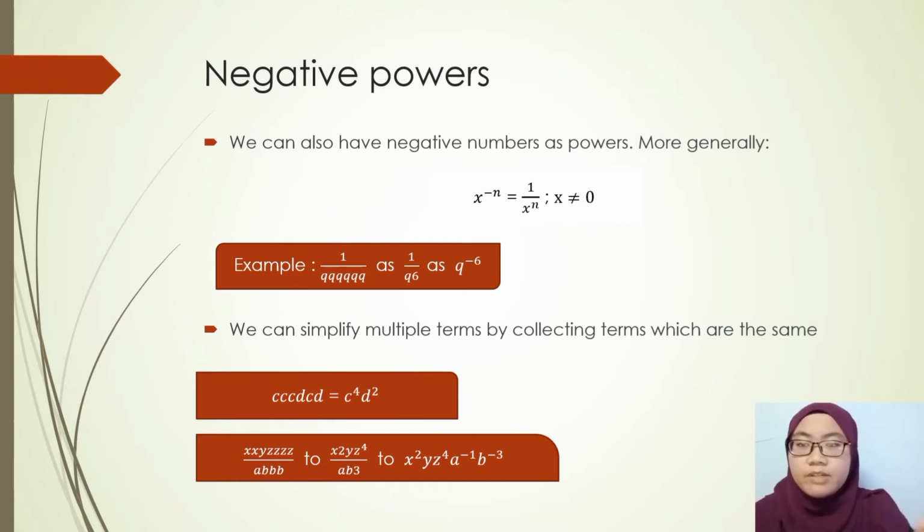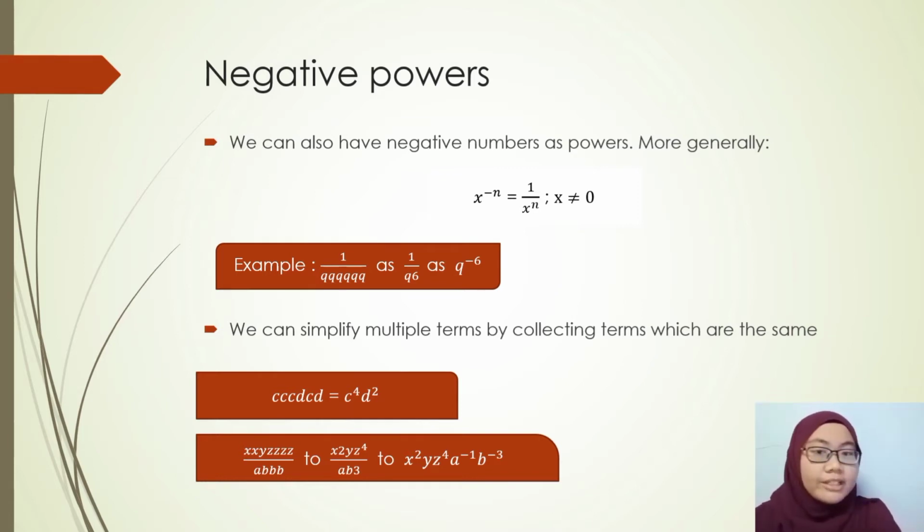We can also simplify multiple terms by collecting terms which are the same. For example, with c and d, we collect the terms together separately, and it becomes c to the power of 4, d to the power of 2.